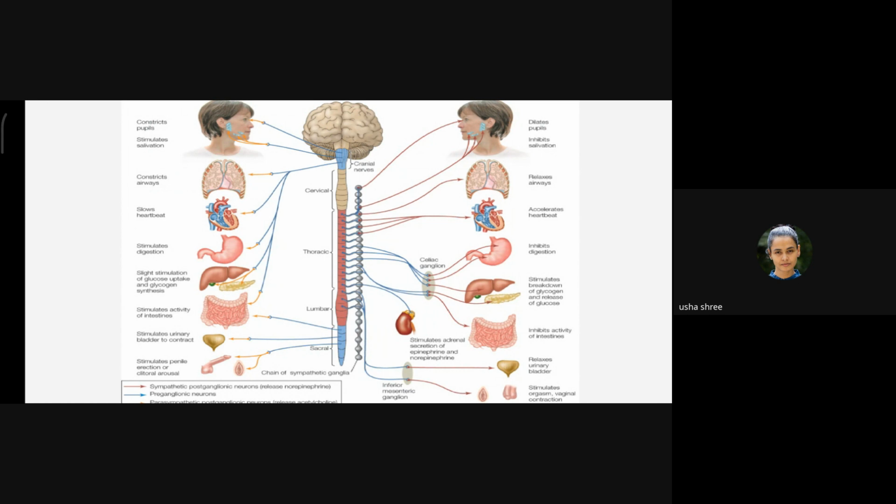Ganglions are the meeting of cell bodies. Cell bodies are meeting in this bulging structure of gray color here.